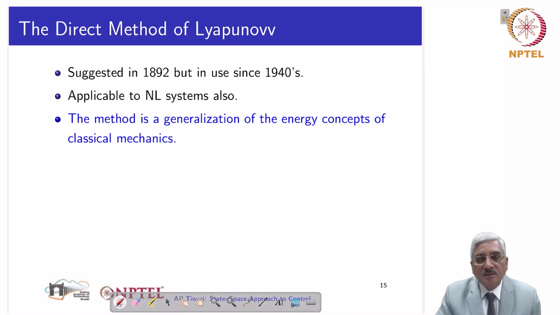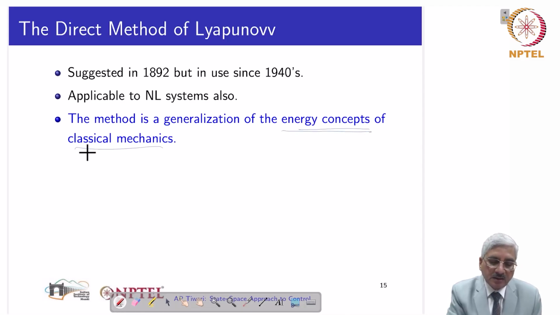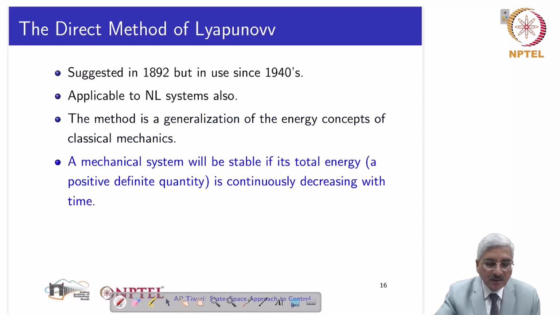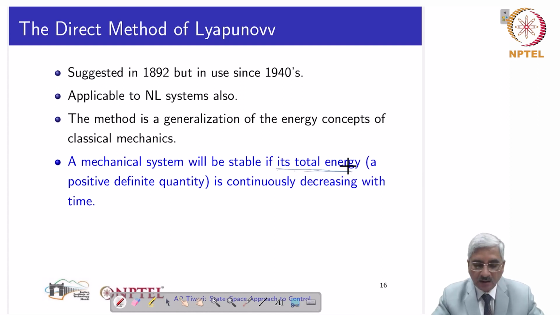The underlying thing in the Lyapunov stability is the energy concept of classical mechanics. We know that a mechanical system has kinetic energy and potential energy, and its total energy, that means the sum of kinetic energy and potential energy, is always a positive definite quantity. Energy is a positive definite quantity.